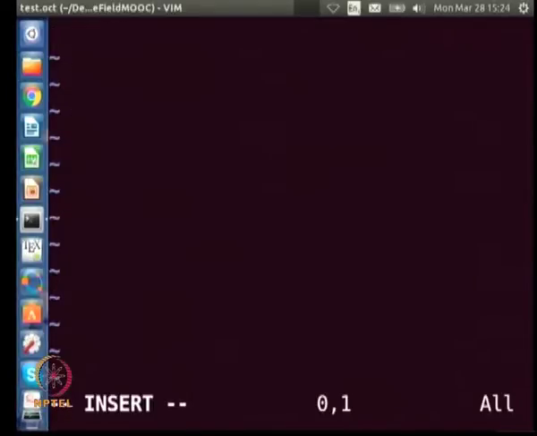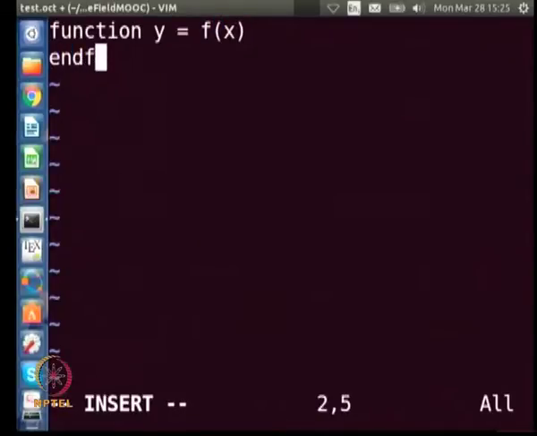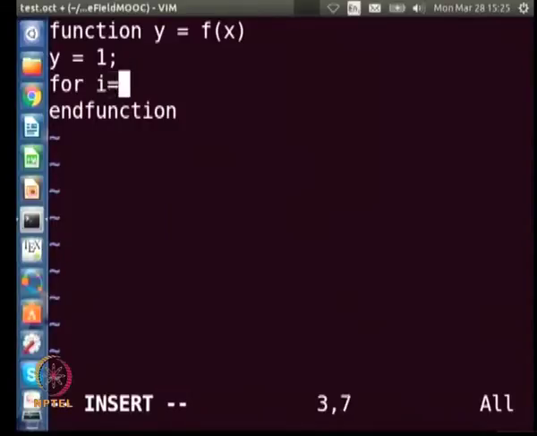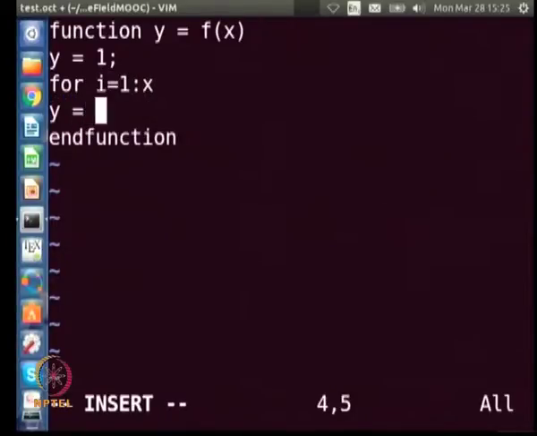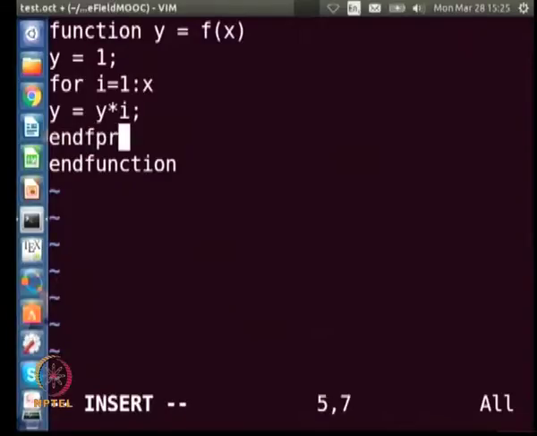I am going to define the function y is equal to f of x, where y is equal to 1, for i equal to 1 to x, y is equal to y into i, end for.